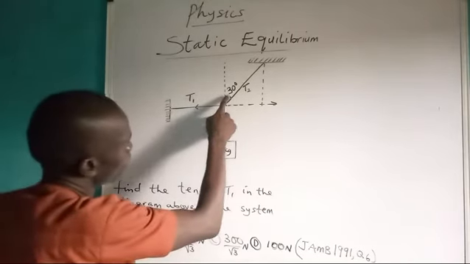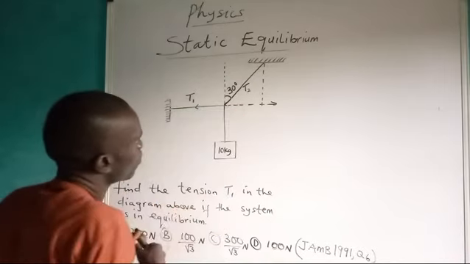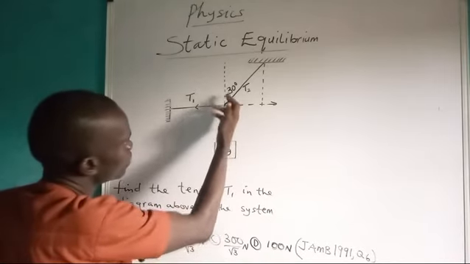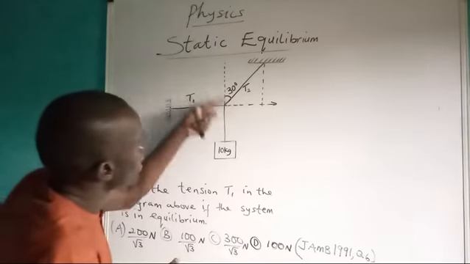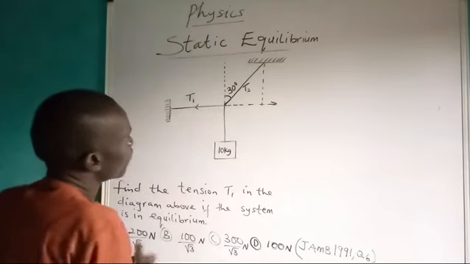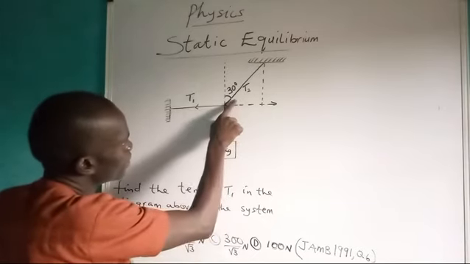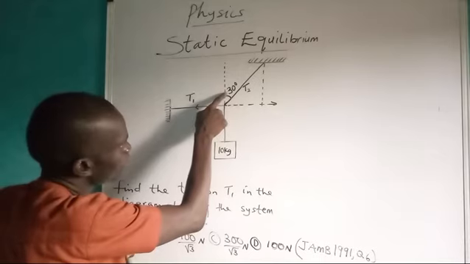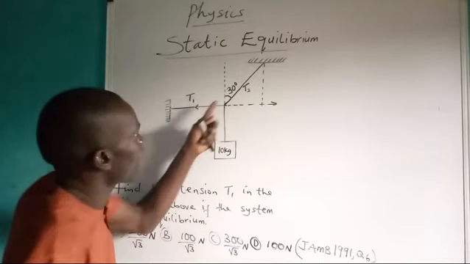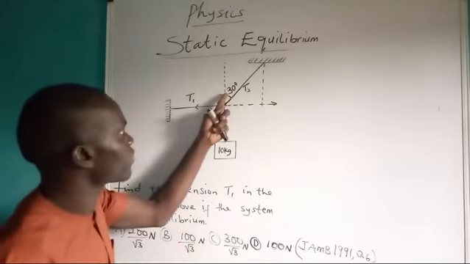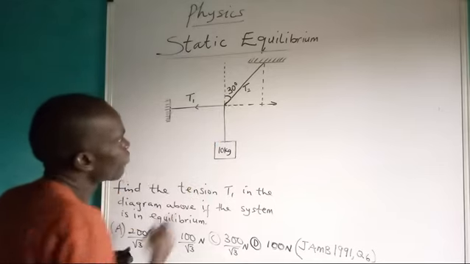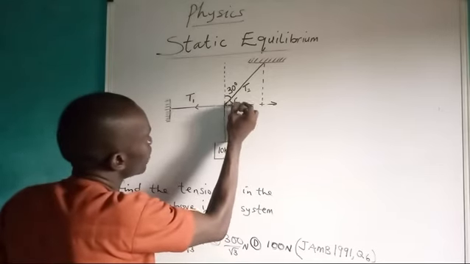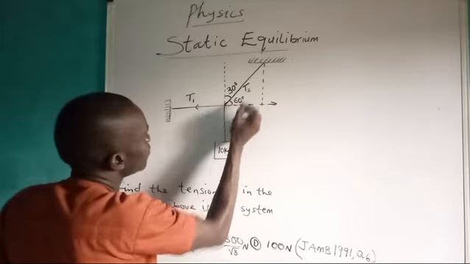I'm supposed to have it here. Between here is 90, so for me to get the remaining part, since this is already 30 degrees, I need to subtract it from 90 degrees. Therefore, the remaining part will be 60 degrees.